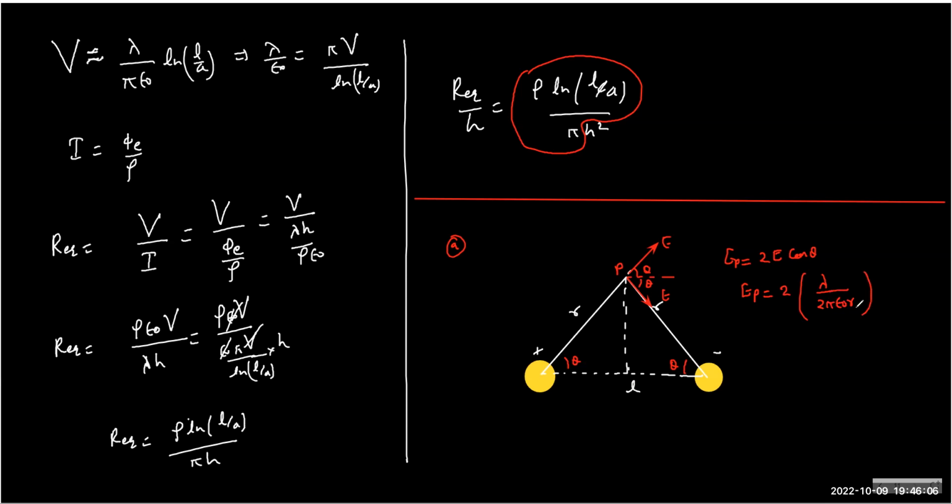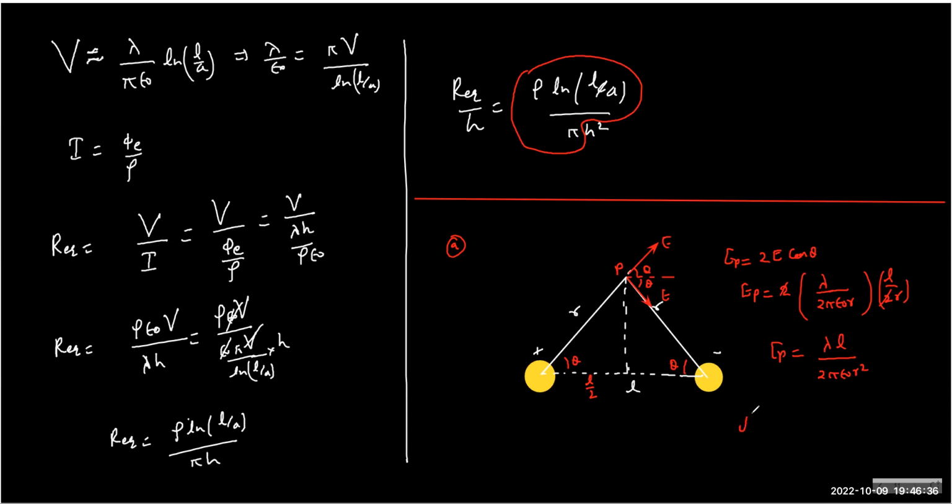And cos theta we can write in terms of L by 2 by r. Am I right? Can you guys see this? Clear? Cos theta is L by 2r. So 2 gets cancelled, and the answer is lambda L by 2 pi epsilon naught r square.